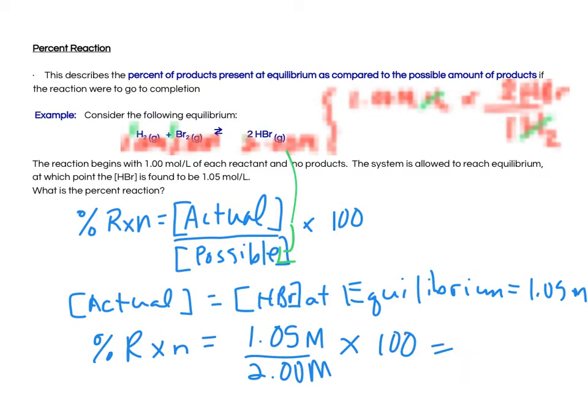And that gives me 52.5%. So I'm going to write that out, 52.5% to 3 sig figs.